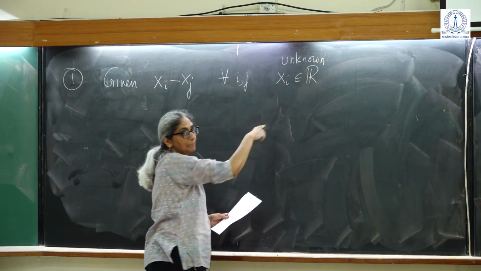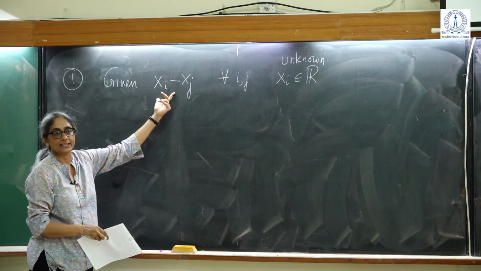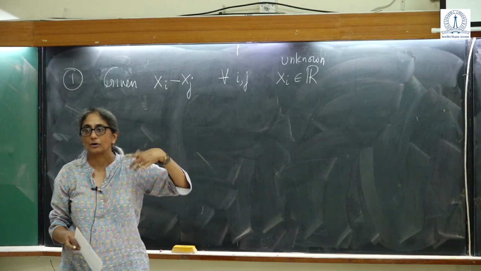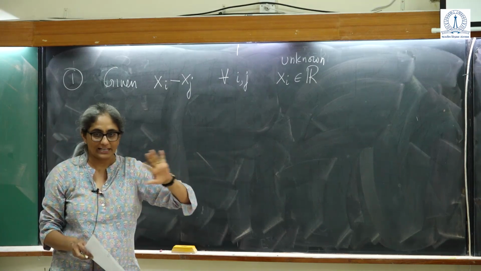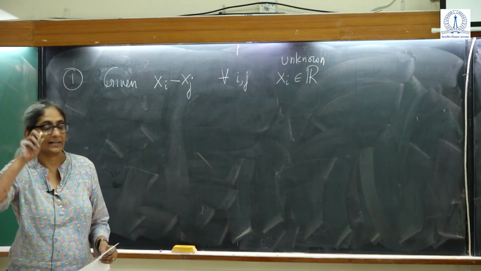We don't know the numbers, but we know their pairwise differences. Somebody tells you all the pairwise differences of a whole bunch of numbers, but they don't tell you the numbers. Can you recover the norm squared of the x vector?